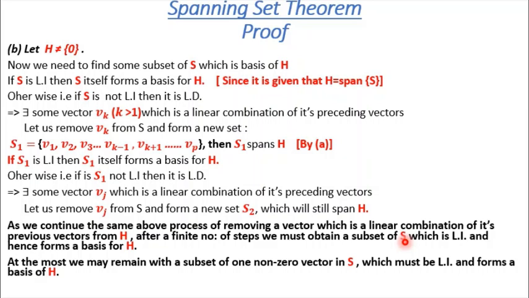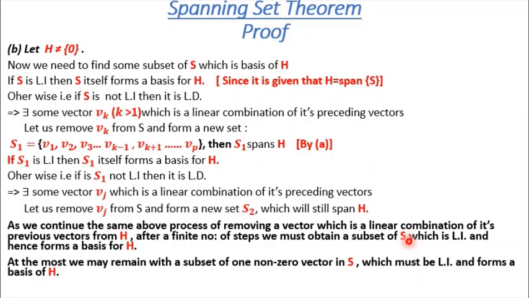Otherwise, maybe I removed 60 vectors and got an LI set. In the worst case, out of 100 vectors, I removed 99 vectors. Still I couldn't find an LI set up to 98. After removing 99 vectors, how many will be remaining in S? Only one vector will be in S at maximum.